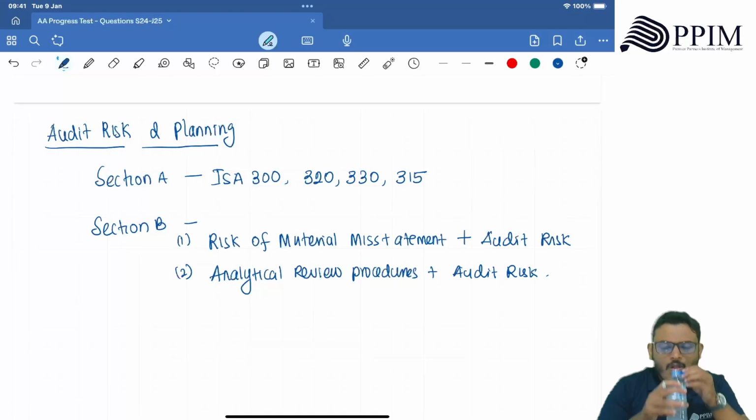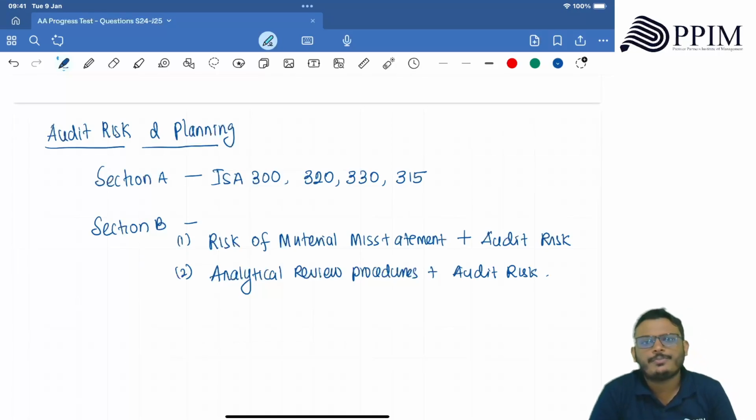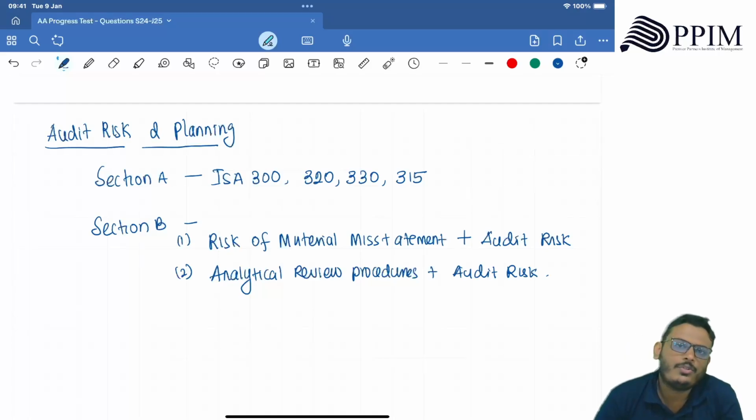Now, you should know how to approach audit risk answers. As I told you, identify risk and response to risk type of questions means always we should focus on the key issue.